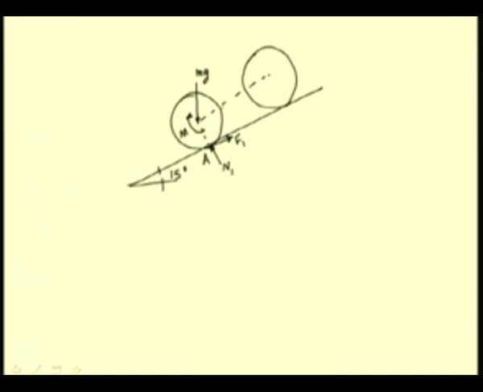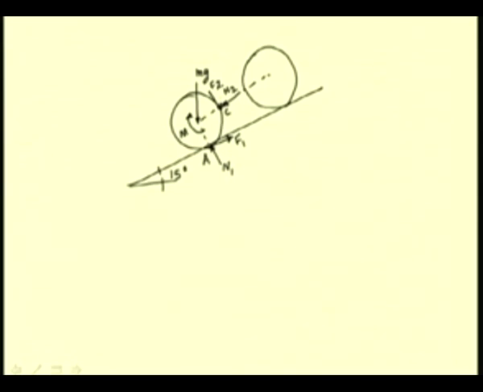At this contact point C, we have the normal reaction, let us call it N2, and since this roller is slipping at this point C in the counterclockwise direction, the direction of the frictional force is opposing the same, and it is marked here.